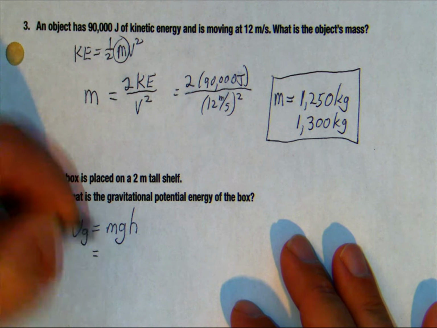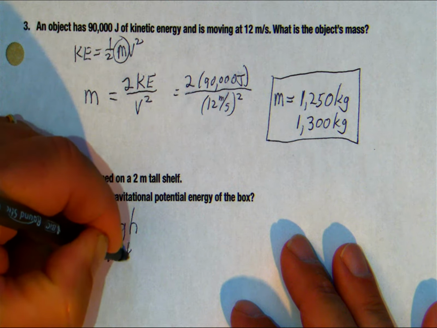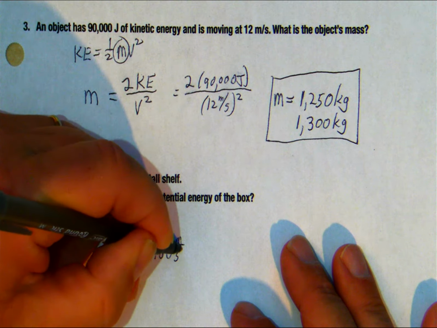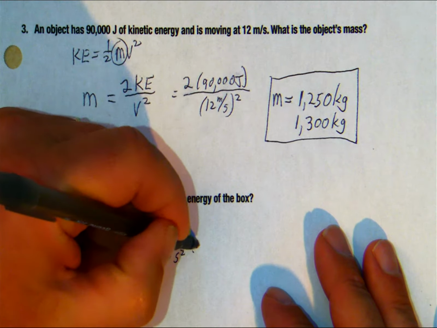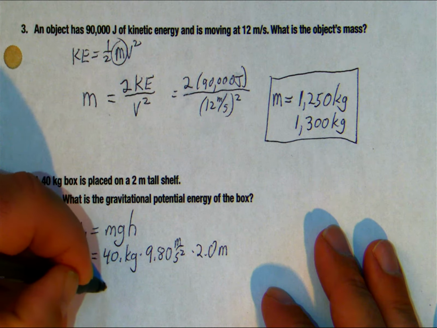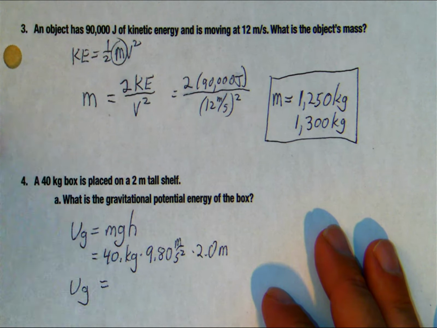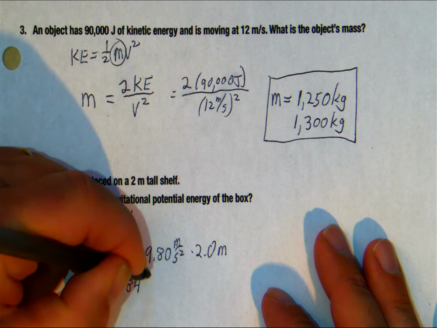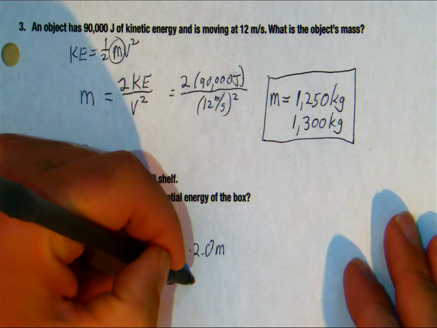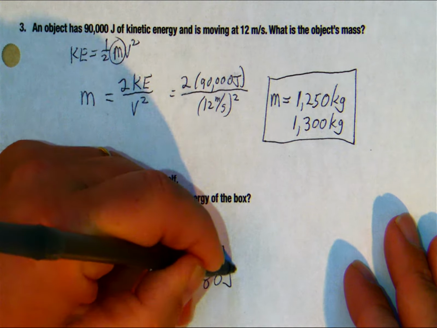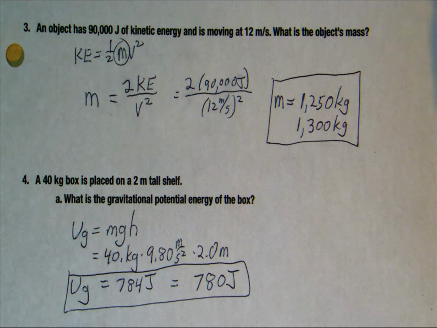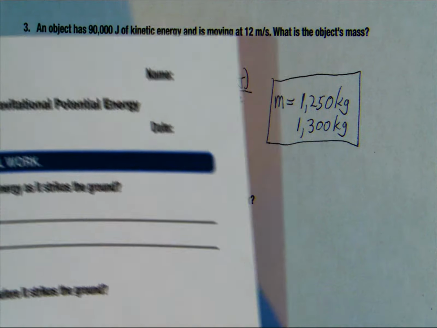In that situation, 40 kilograms times acceleration due to gravity, we'll use 9.80 meters per second squared, times the height, we'll use 2.0 meters, and the calculator says 784 joules. If you want that to 2 sig figs, you would round that down to 780 joules. 2 or 3 sig figs are what I'm asking you to do.